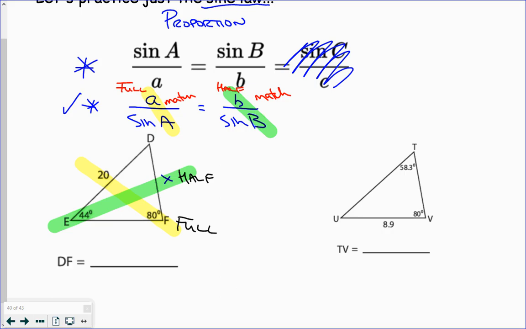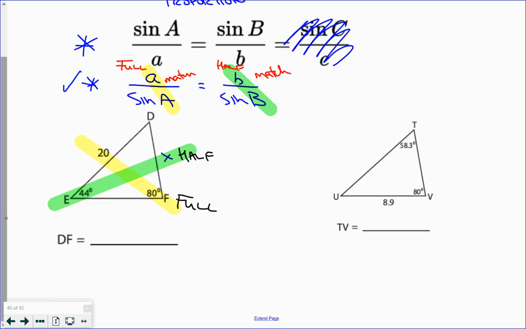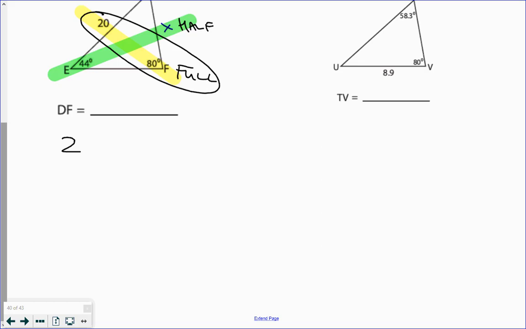Full pair, half pair. Does that make sense? Okay, so what we're going to do is plug those numbers in. So we're going to write the full pair and we're going to write the half pair. So the full pair, you do side over angle. Half pair, side over angle. So the full side over its matching angle. So that's the match. That's the full set.